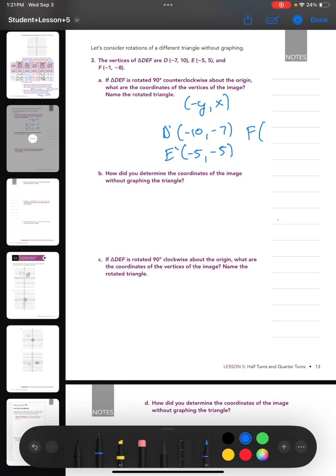And our new F would become positive 8, negative 1. Okay, how did you determine the coordinates? Using our rule, negative y, x for 90 degrees counterclockwise.